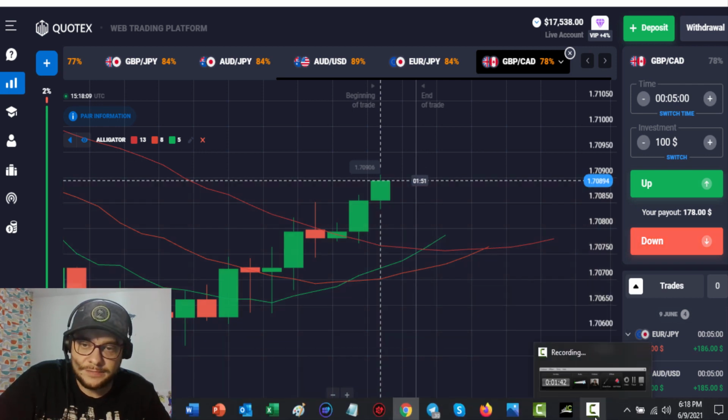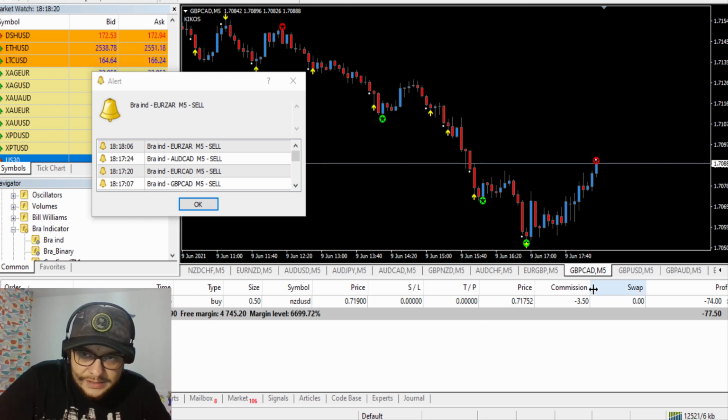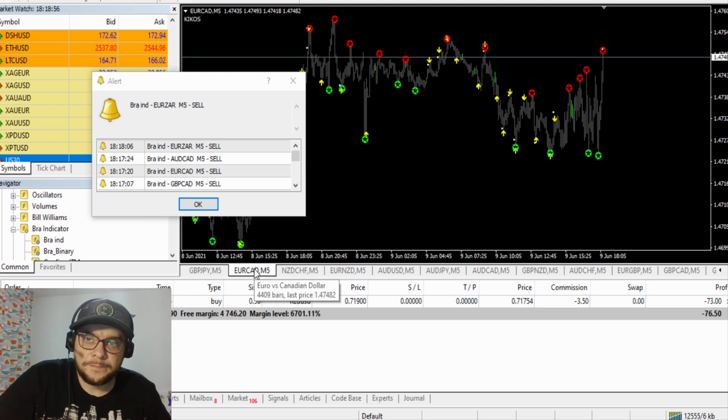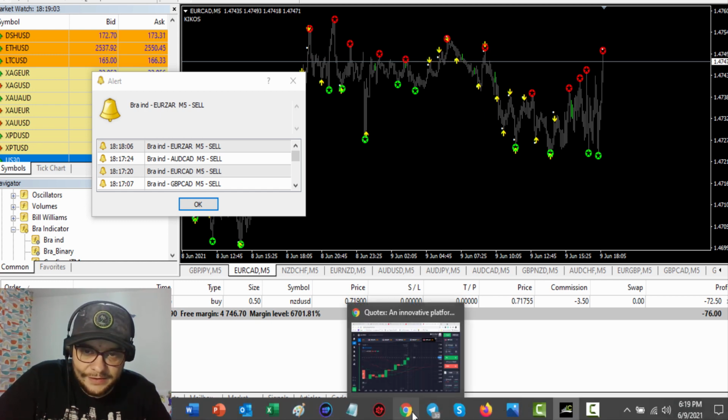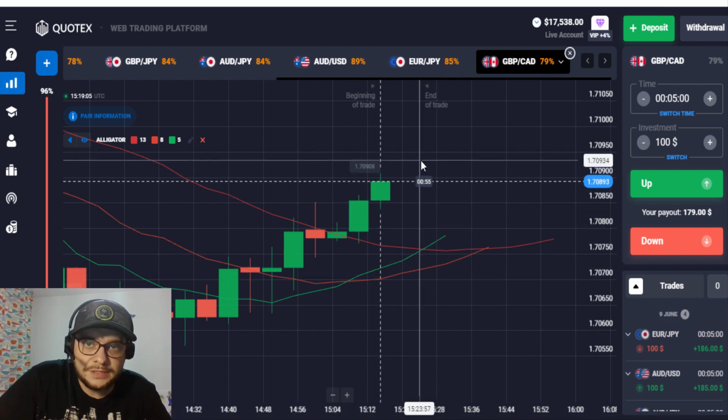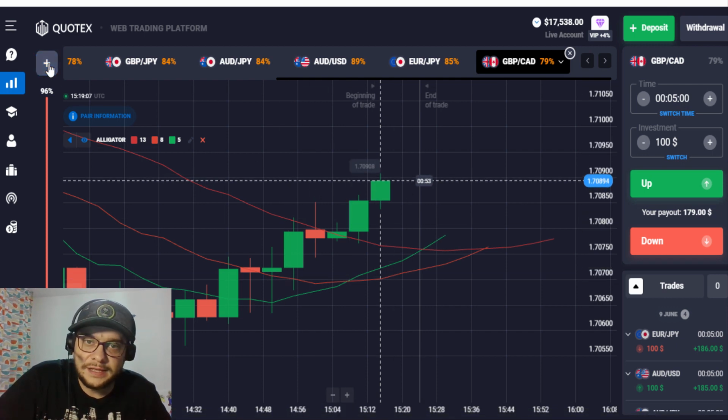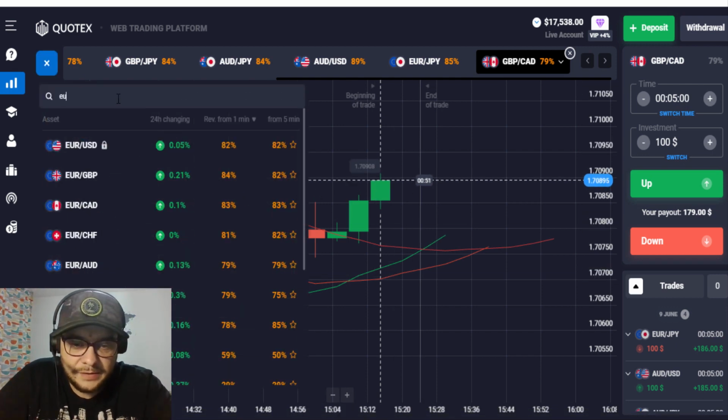Another one, euro Canadian dollar. Let's see euro Canadian dollar. Oh, and it's nice, as you can see how nice this one is. And let's go and have a look at euro Canadian, because this one I don't know exactly.